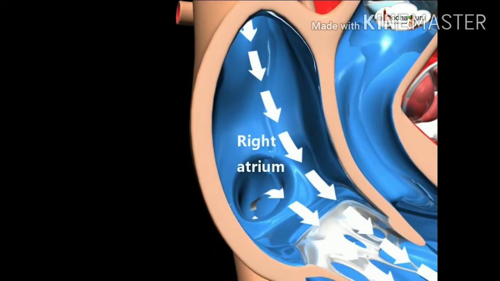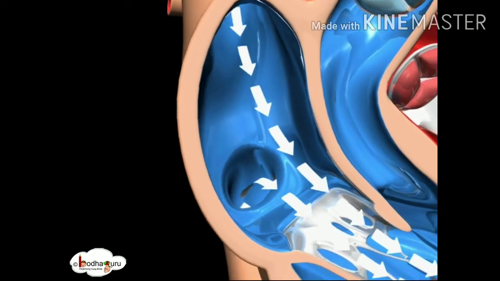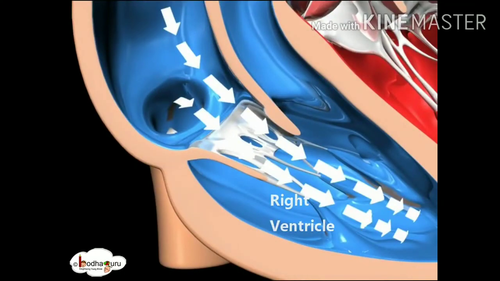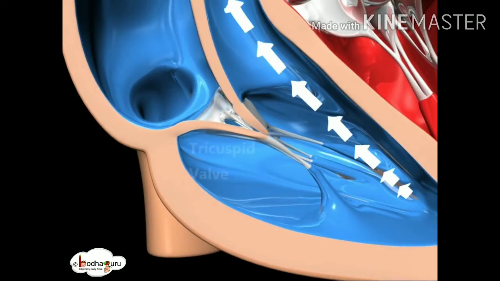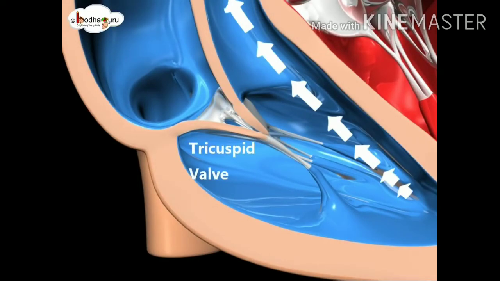Blood flows from the right atrium into the right ventricle through the open tricuspid valve. When the ventricles are full, the tricuspid valve shuts.